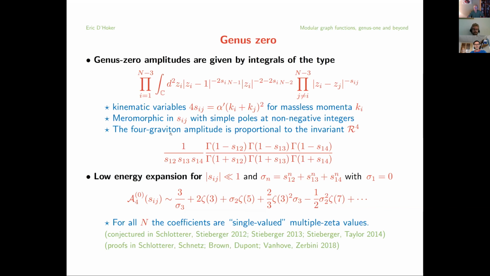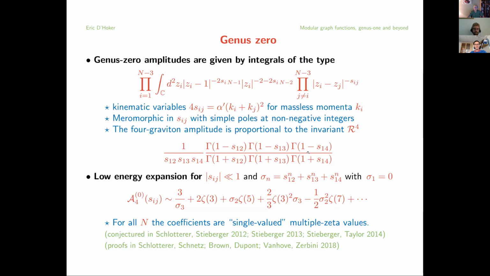So for example, for the 4-graviton amplitude, there is a single kinematic invariant proportional to the Riemann tensor to the 4th, arranged in a Lorentz invariant way consistent with space-time supersymmetry.